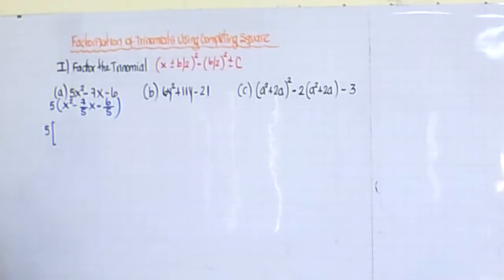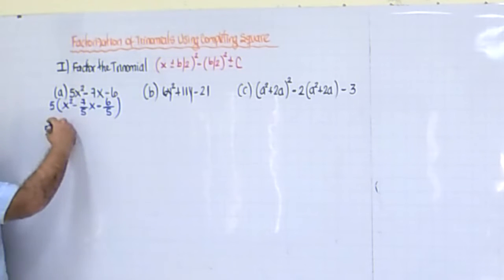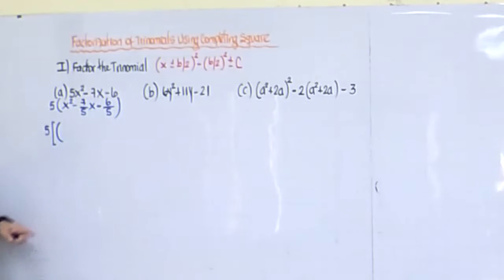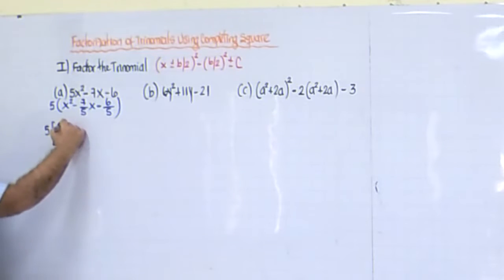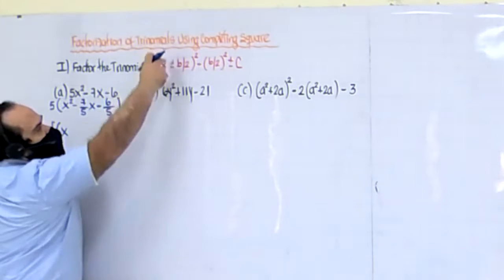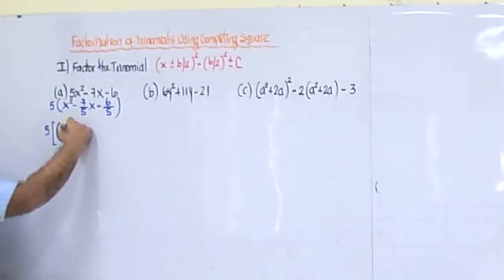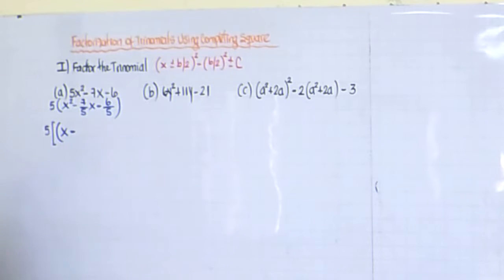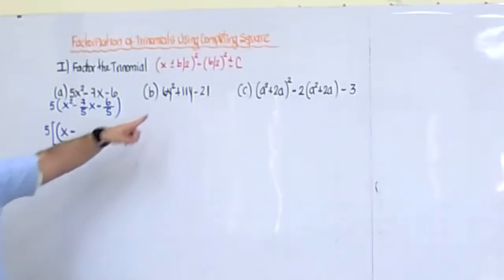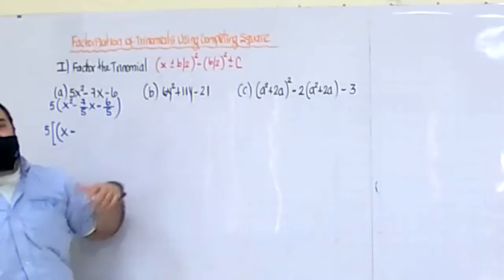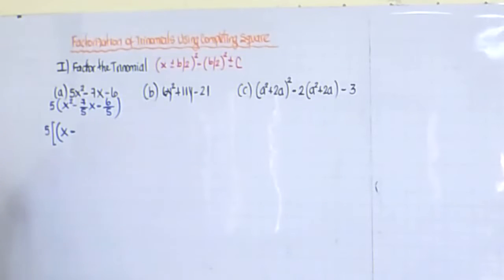All right. So open parentheses, and we're going to copy the letter x. We're going to copy the sign. If you see the formula, it says positive or negative, depending on what sign we're talking about. In this case, it's negative. The next expression, 7/5, must be divided by 2 because the formula says the letter b divided by 2.